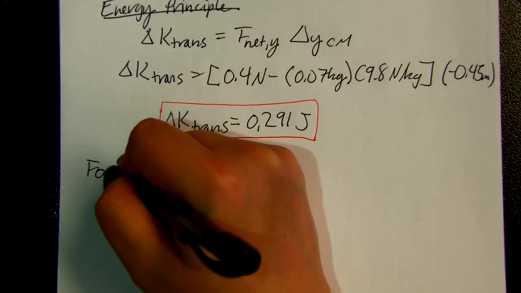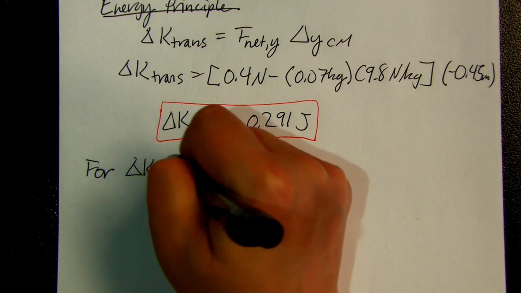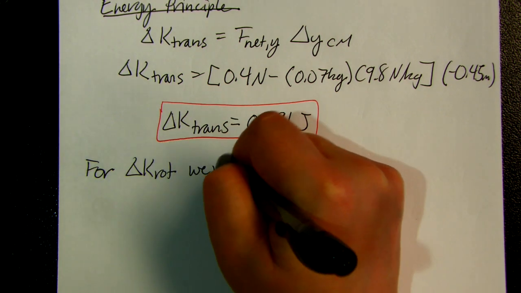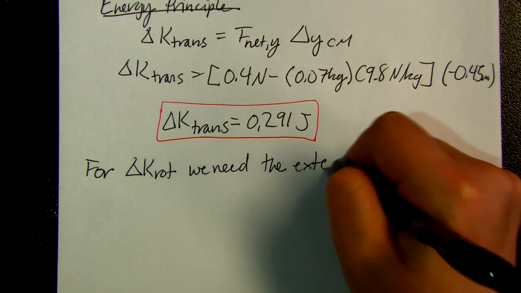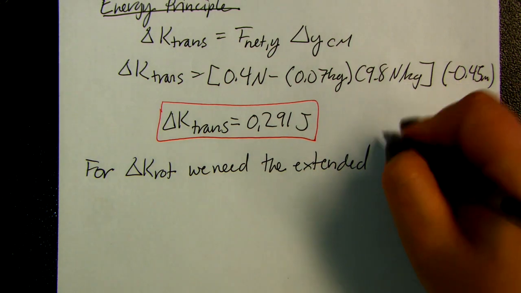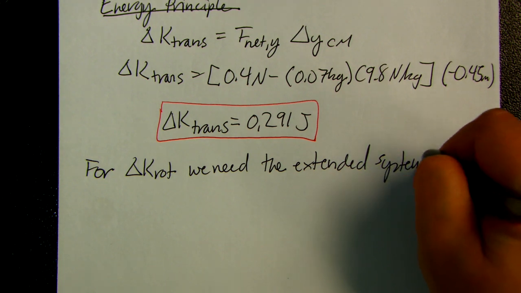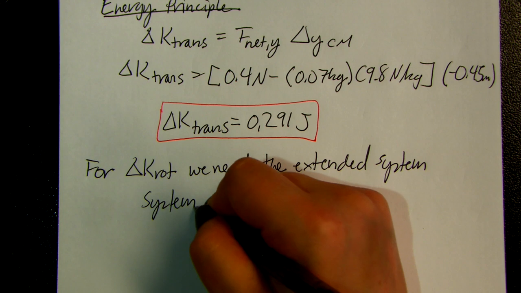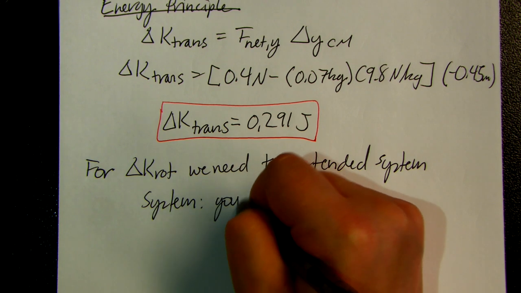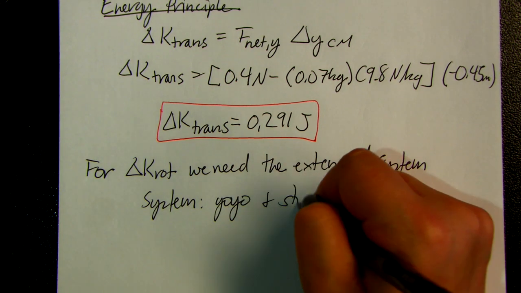All right, so to go after the change of rotational kinetic energy, we need the extended system. Go, extended, go, go, extended. So our system is the yo-yo and the string.